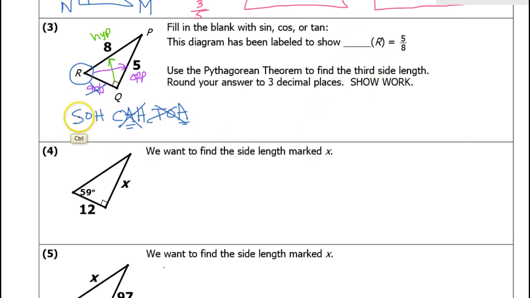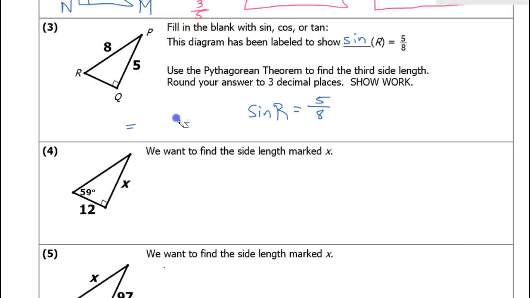So it must be the sine function. So notice that the sine of angle R would be opposite over hypotenuse. That would be 5/8. And that's exactly what we have here. So it must be the sine of R that is 5/8. Okay, now erase, erase, erase.